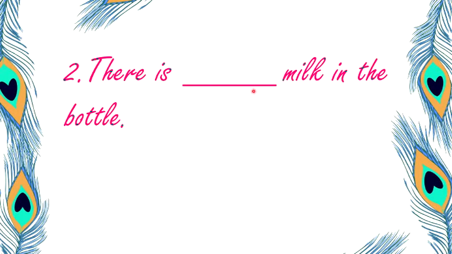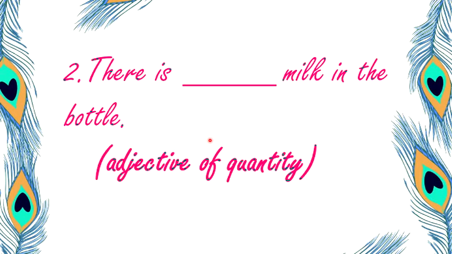There is dash milk in the bottle, and we have to supply an adjective of quantity. Now, dear children, I hope you remember, for uncountable nouns like milk in this sentence, the adjectives which come are called adjectives of quantity if they tell you the answer to the question how much.